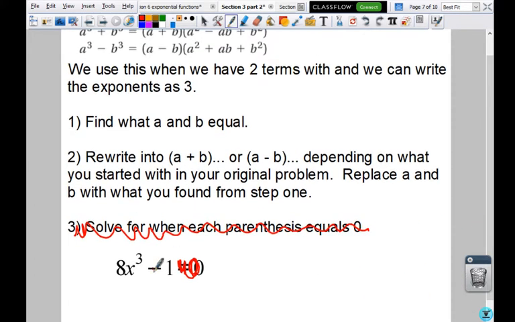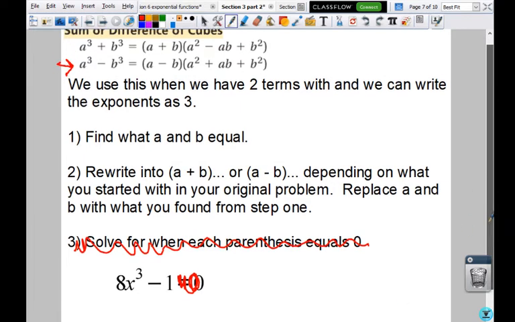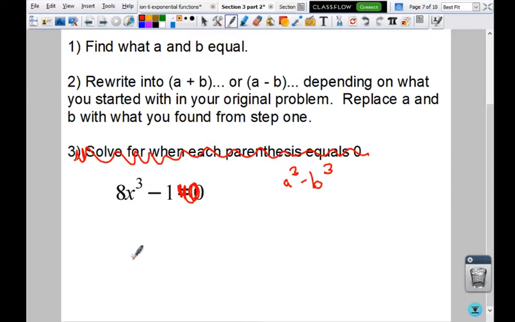So I'm going to look at 8x to the third minus 1. And because it's a minus, I'm going to use this difference of cubes. I'm going to use this bottom one right there, which is a to the third minus b to the third. So what I need to do is rewrite these things kind of like I did yesterday, except this time to the power of 3.